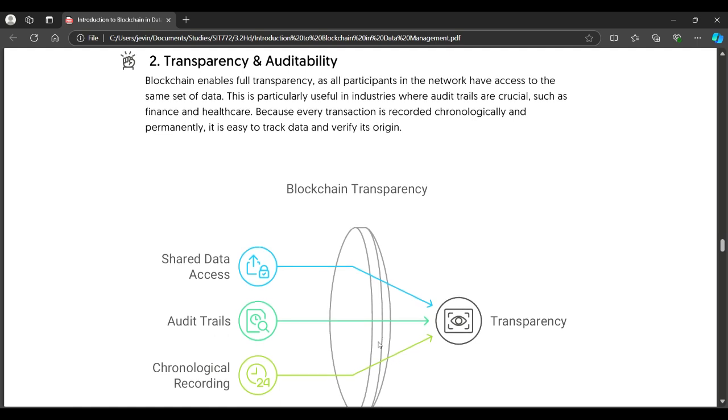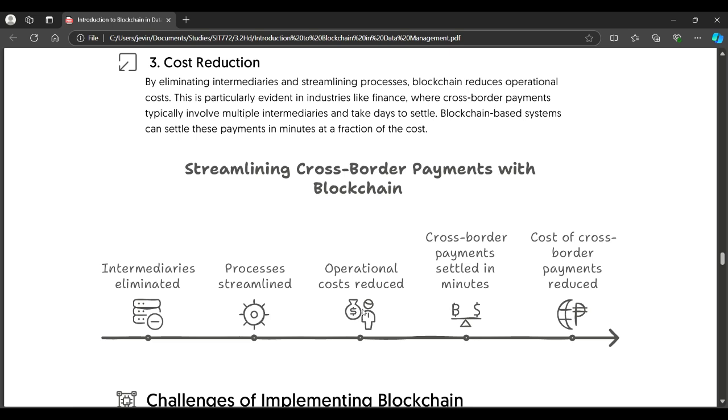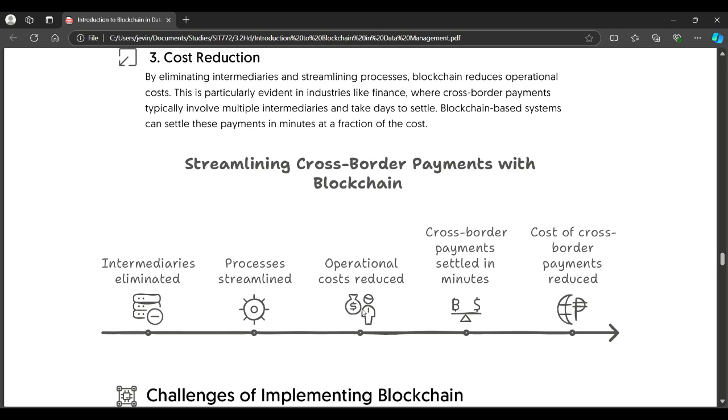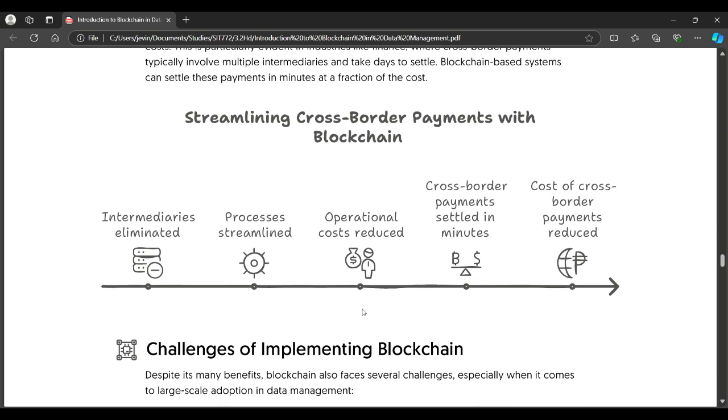We can use it for audit trail, chronological ordering as part of it, and for cost reduction also. We can use it for day-to-day activities on the database management side, where it performs well, and it reduces a fraction of the cost, and can be used across any data management sites.